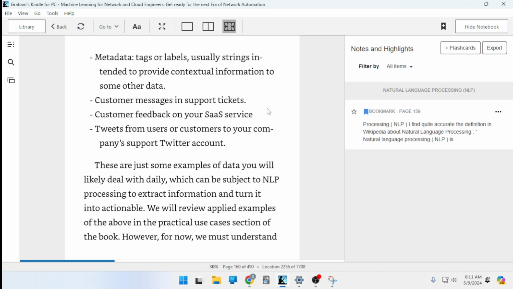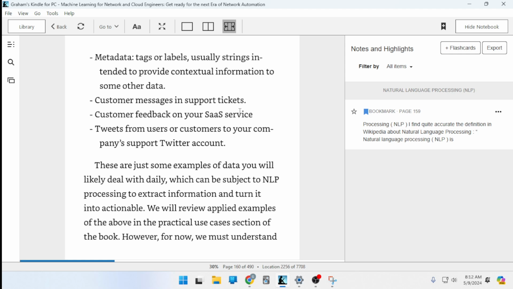Metadata, tags or labels, usually strings intended to provide contextual information to some other data. Customer messages in support tickets, customer feedback on your SaaS service, software as a service, tweets from users or customers to your company's support Twitter account.